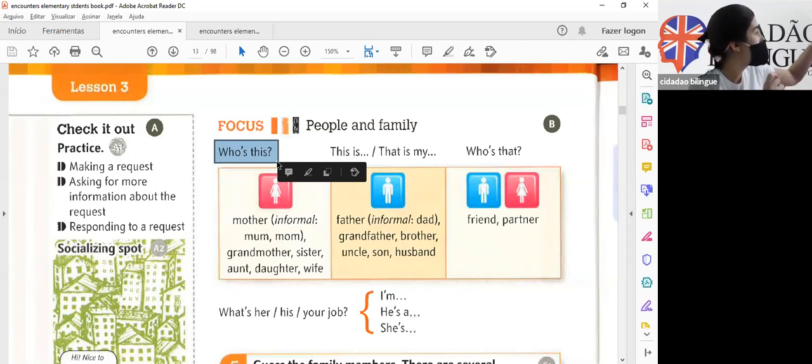Quem é essa pessoa aí? Porque a comunicação direta eu não tô tendo com a pessoa com que ela tá falando. Eu vou intermediar pela Carol. Who's that? Quem é essa?